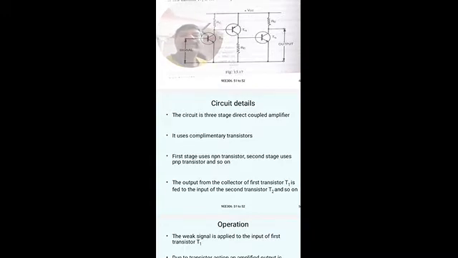So after every NPN stage we use a PNP transistor, and so on.